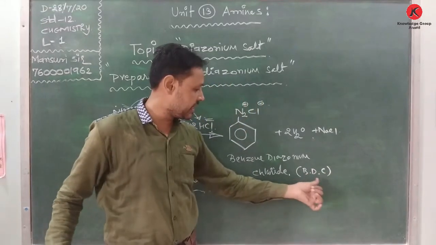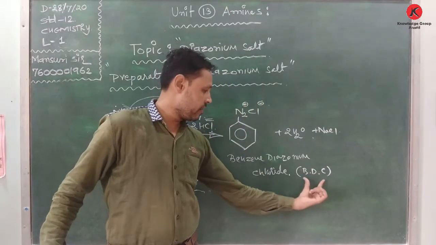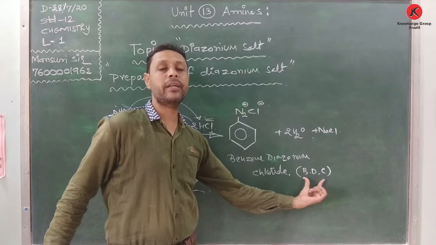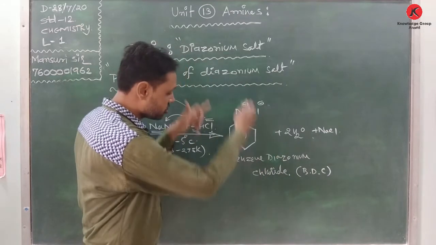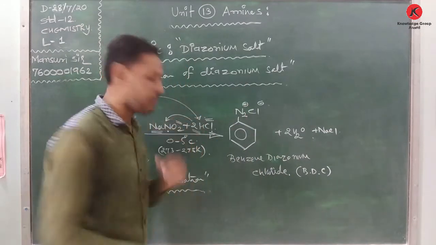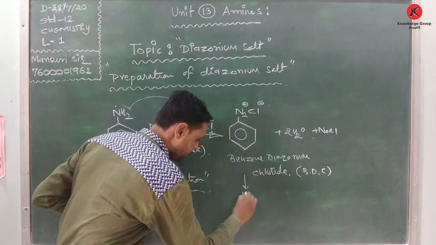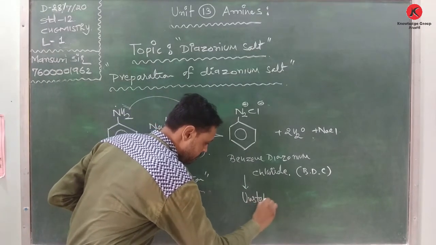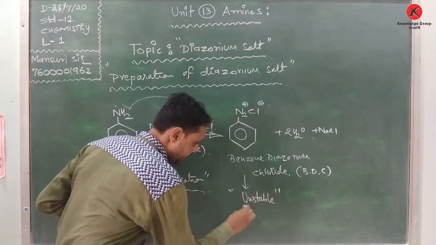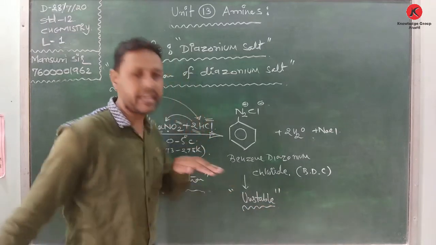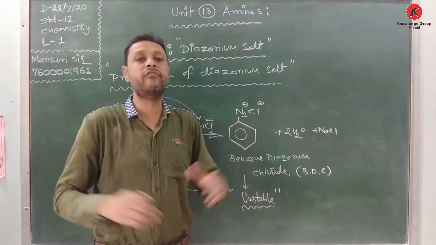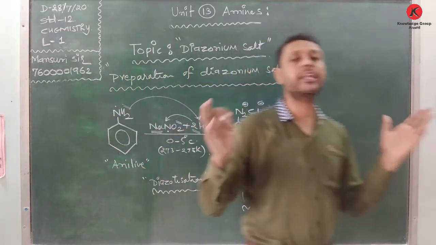Now, after getting this benzene diazonium chloride, in short form B.D.C, this substance is unstable. That is why it reacts with other substances and forms a variety of organic compounds.